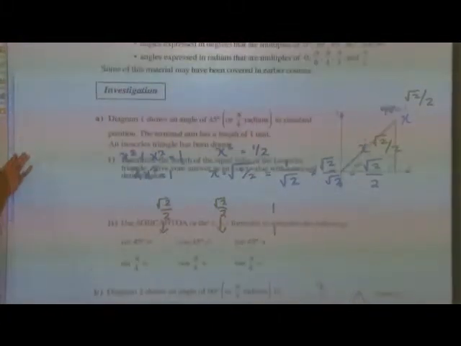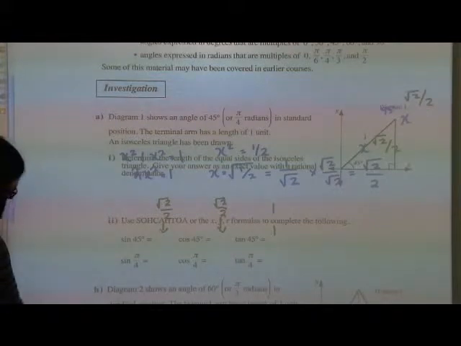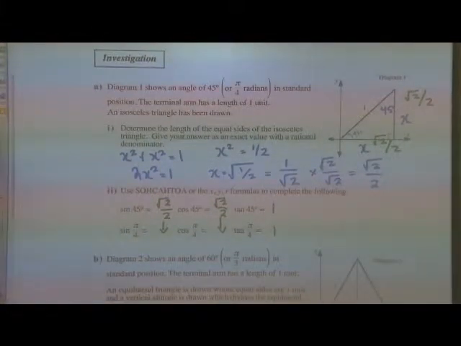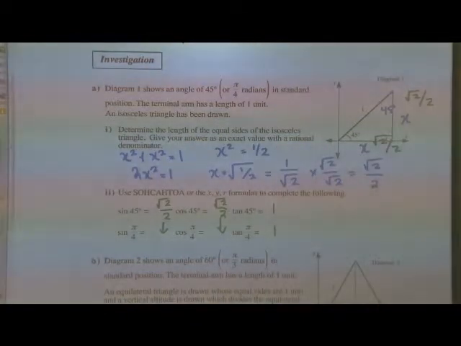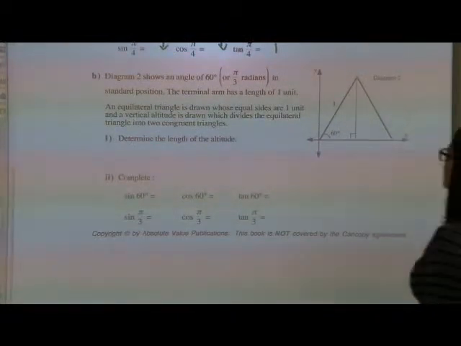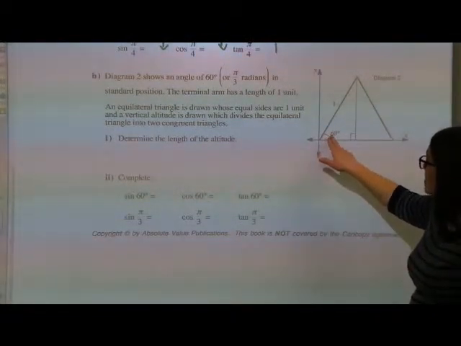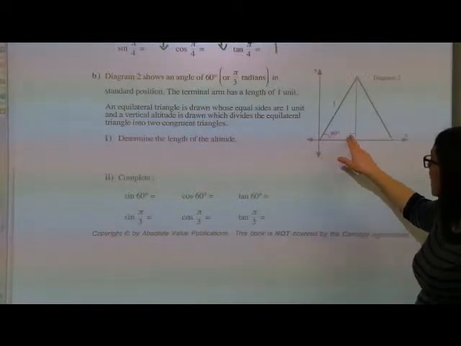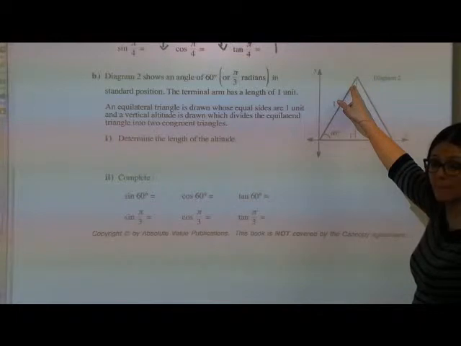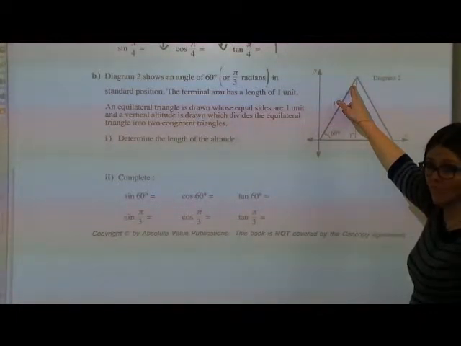So now let's take our next triangle, which is a 60-degree angle. So if I draw this triangle that's 60 degrees and this is 90 degrees, what would this measurement here be? 30.